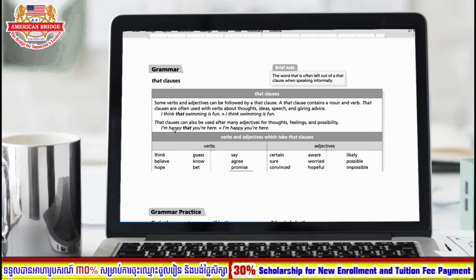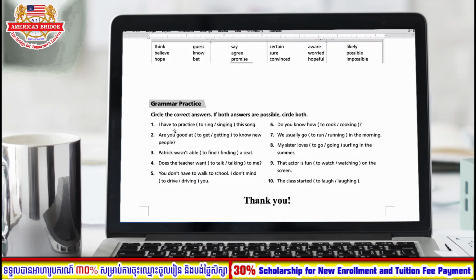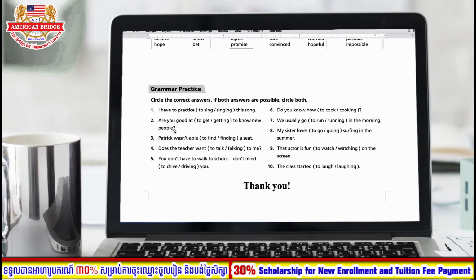All right? Okay. And the last one is the grammar practice. This one is blind grammar practice, because you don't know what the lesson is. But if you look at the verbs, we have to-infinitive and the verb-ing, which is gerund. All right.